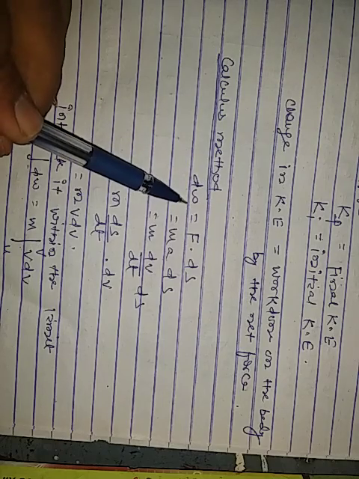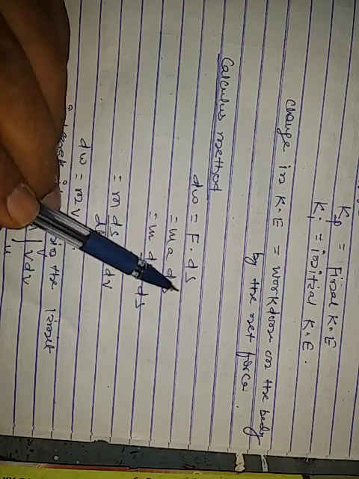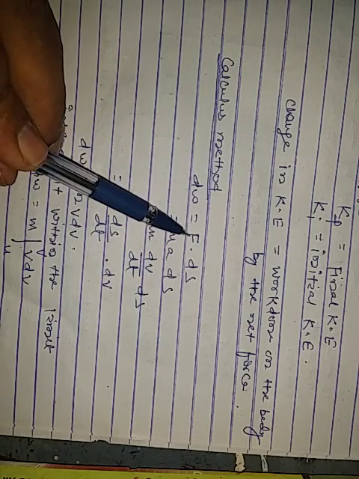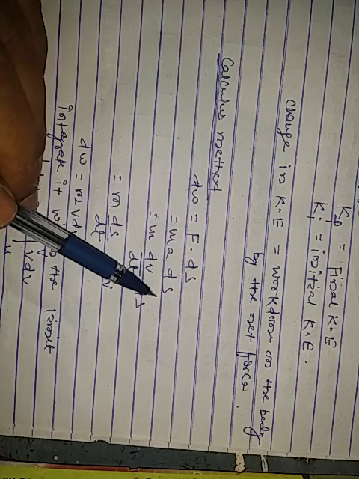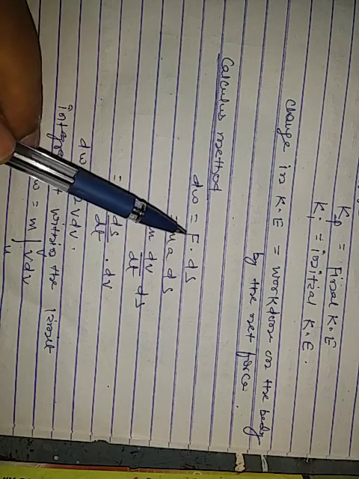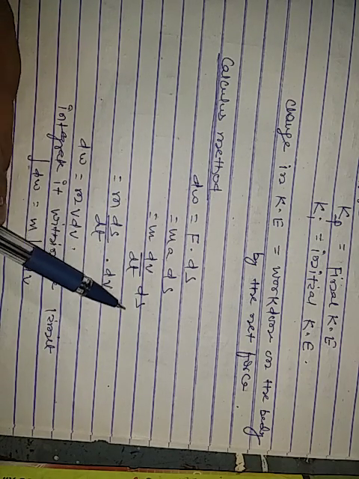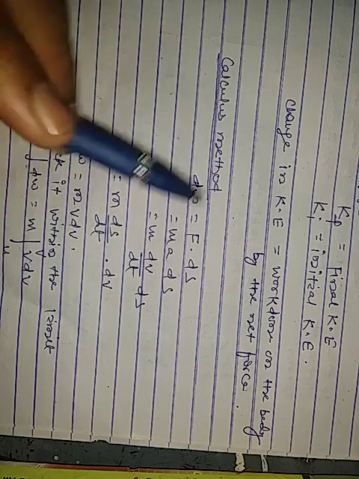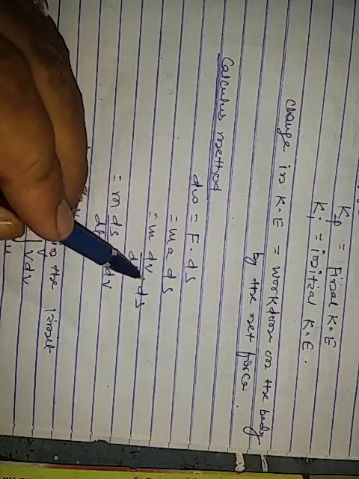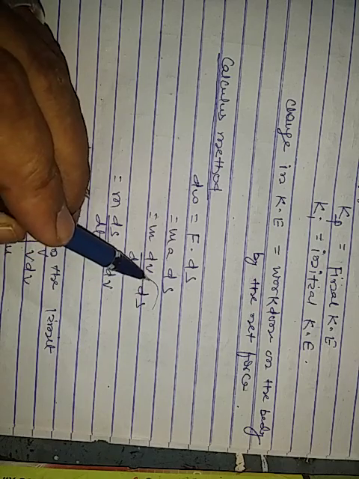Now, with the calculus method, as we know that dW is equal to F into ds, as force F is equal to mass into acceleration into ds, and mass is constant, and acceleration is equal to change in velocity with respect to time into ds. So we move dv to the right side and ds to the left side.